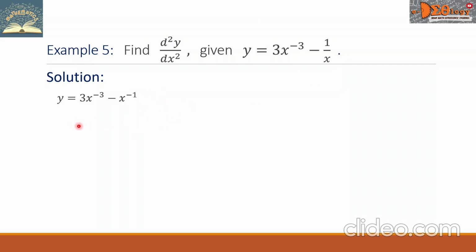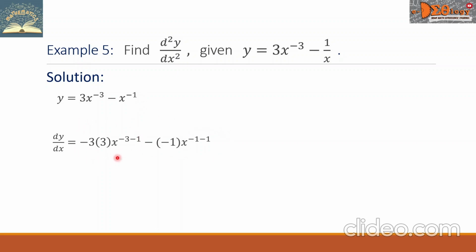And then let us now start with the first derivative, dy over dx. The derivative of the first term will be negative 3 times 3 times x raised to negative 3, then minus 1, minus the derivative of the second term. So we have the negative 1 comes down times x raised to negative 1 minus 1.